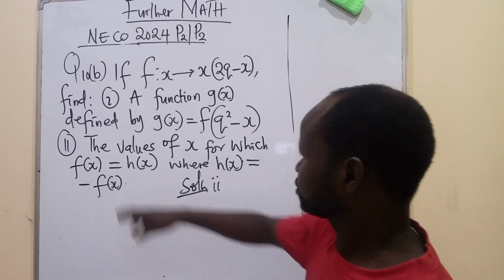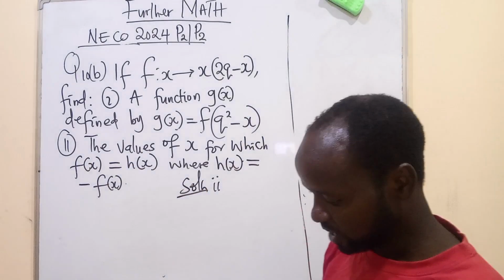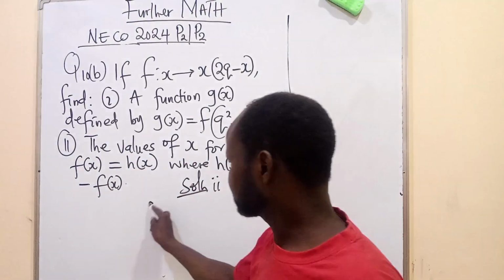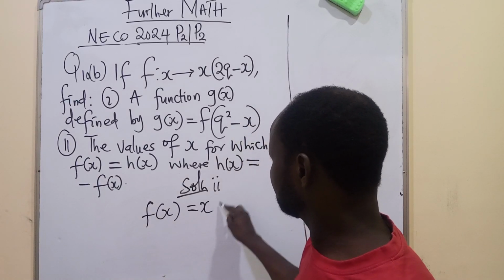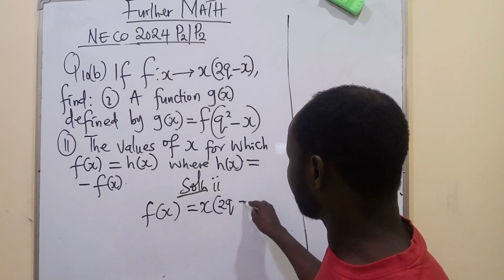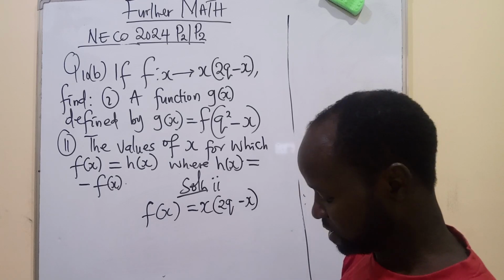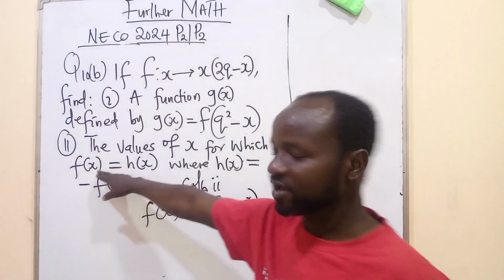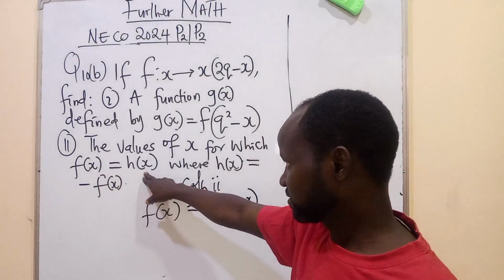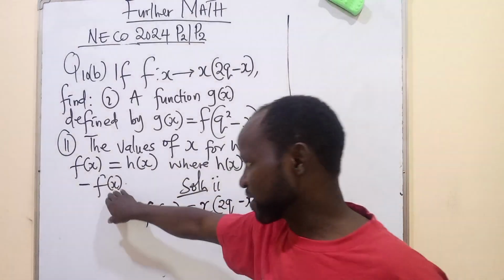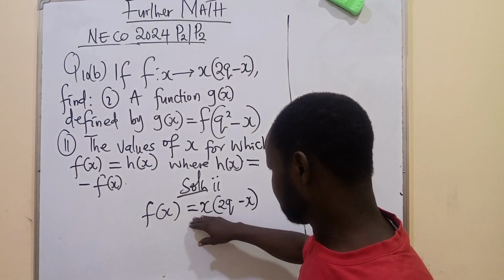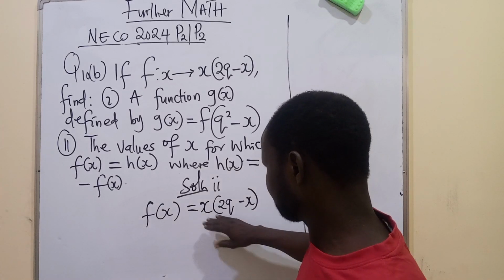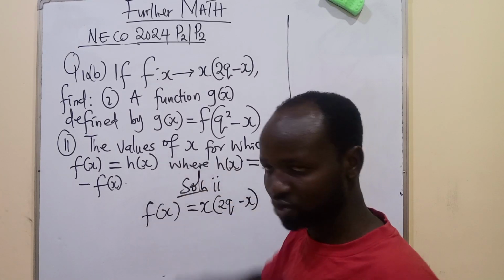We are told from the question that f of x is equal to x into 2q minus x. And we are told that f of x is equal to h of x, and h of x is equal to minus f of x. In other words, if we take the negative of this, it will be equal to h of x.